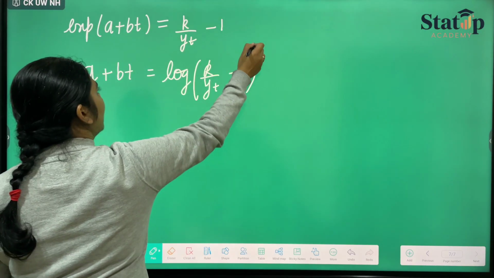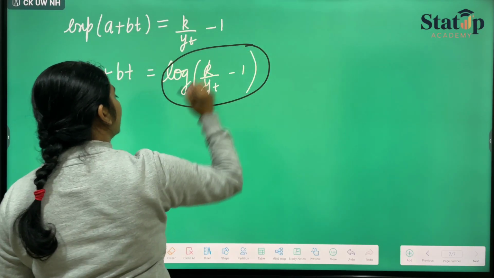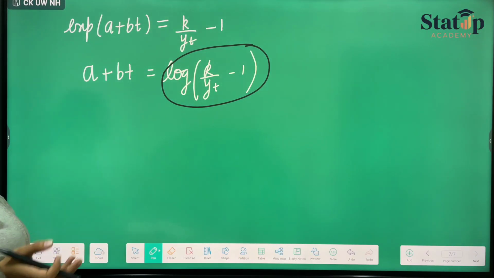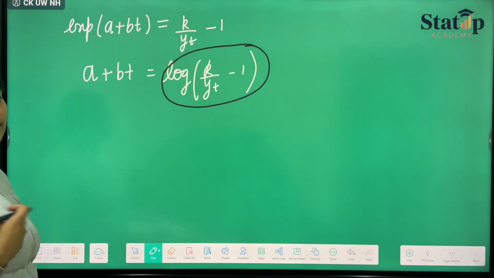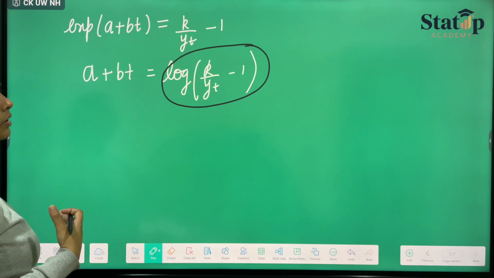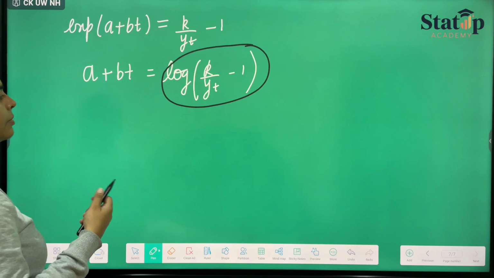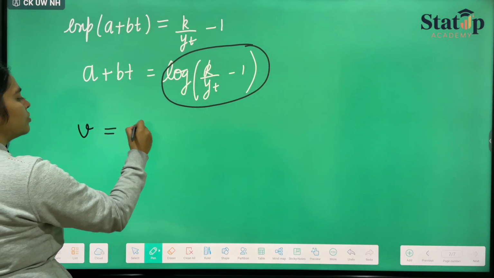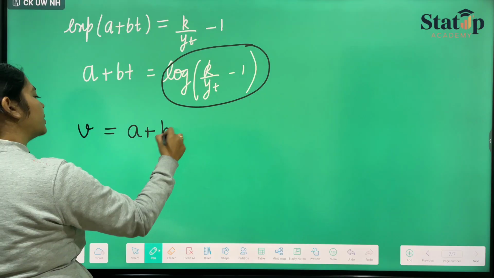Since this whole value is known to us, we can write it as a constant, v, or any other constant alphabet. So I'm taking v. I can write this equation as v is equal to a plus bt.